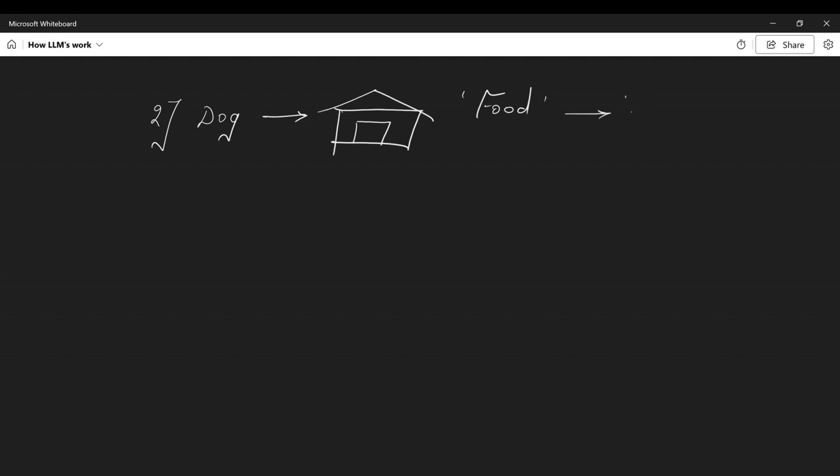Sometimes, instead of using the word food, the owner uses the word eggs, sometimes treats, and some different words. The dog is now able to understand that all these words, food, eggs, treats, are related to eating or hunger and have the same semantic meaning.